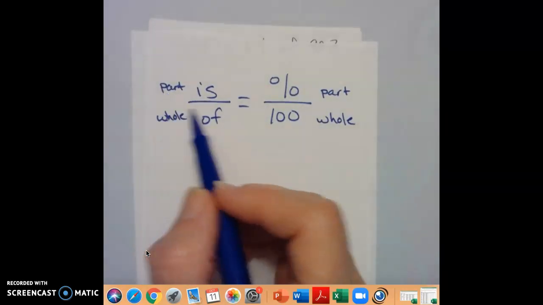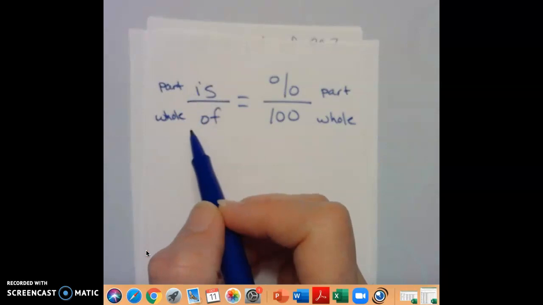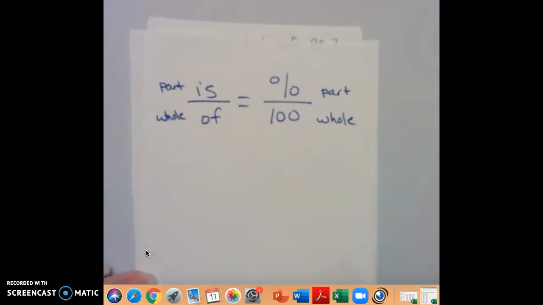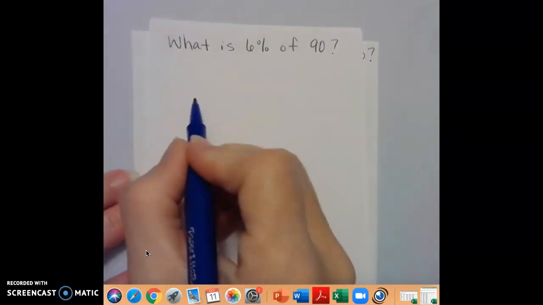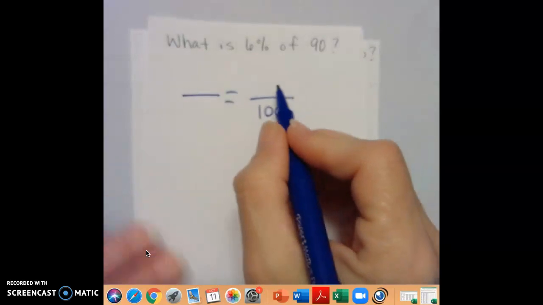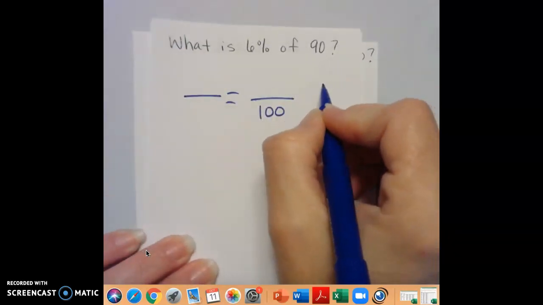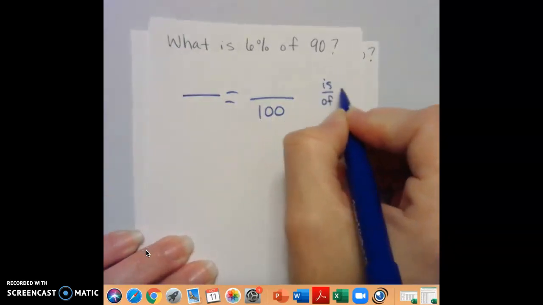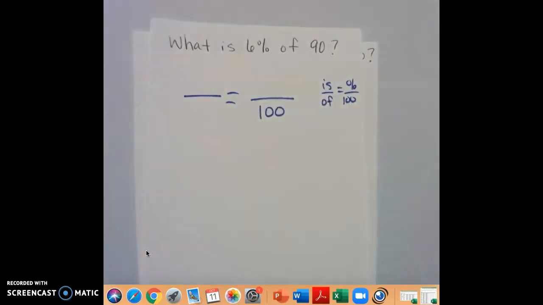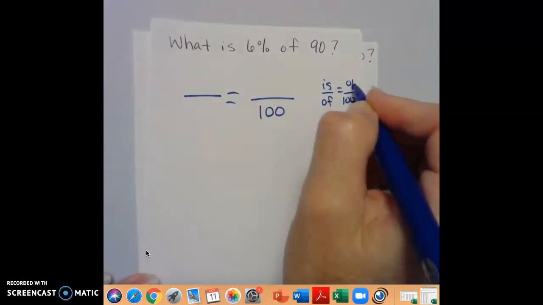Is represents the part of a number, and of is telling us the whole amount. So let's look at this problem and see if we can decipher all of our parts. We always know it's going to be percent over 100. And I'm going to write in the corner real quickly the little cheat note we just made.